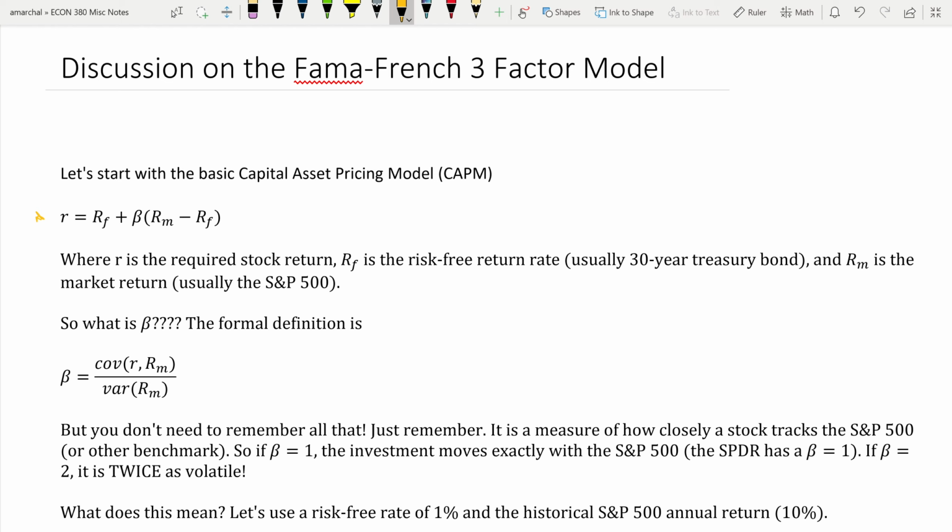So the very last term that is needed in the CAPM model is this beta term. And the formal definition of beta, you don't really need to know, but it's equal to the covariance between the return rate on a stock and the market rate return over the variance in the market.